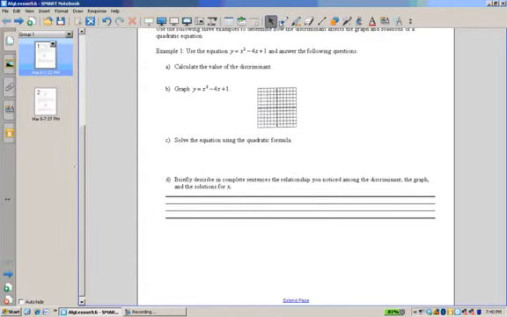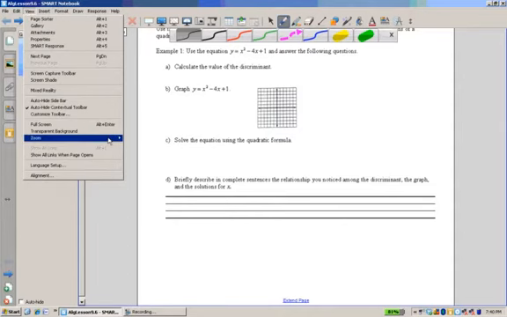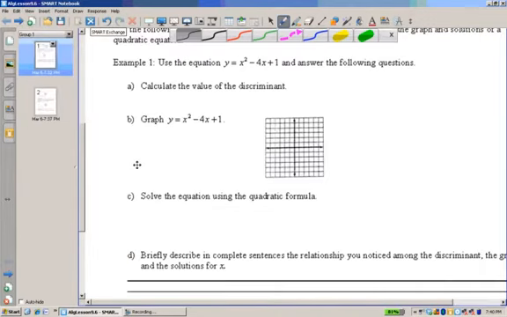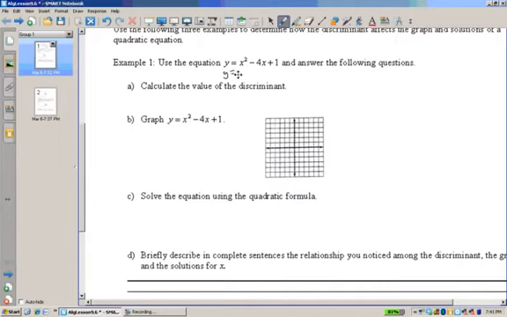And let's look at example 1. Now, remember that we're looking at b squared minus 4ac. Zoom in a little bit here. So if you look at y equals ax squared plus bx plus c, just to clarify, remember a is 1, that's in front of the x squared, b is negative 4, and c is 1.